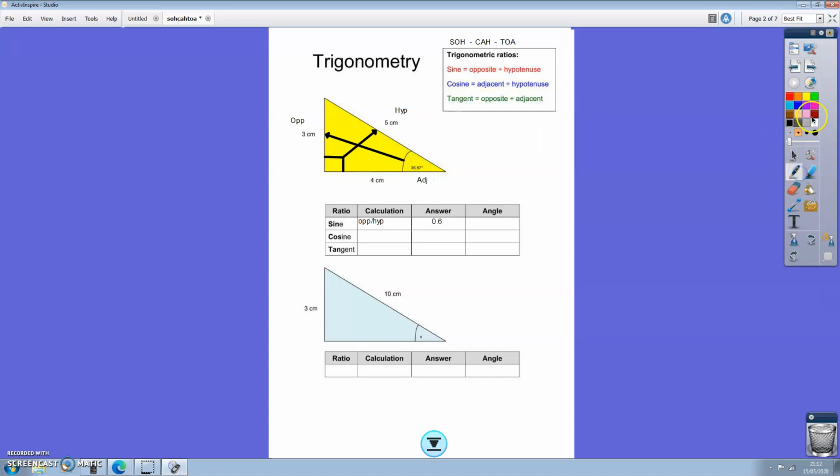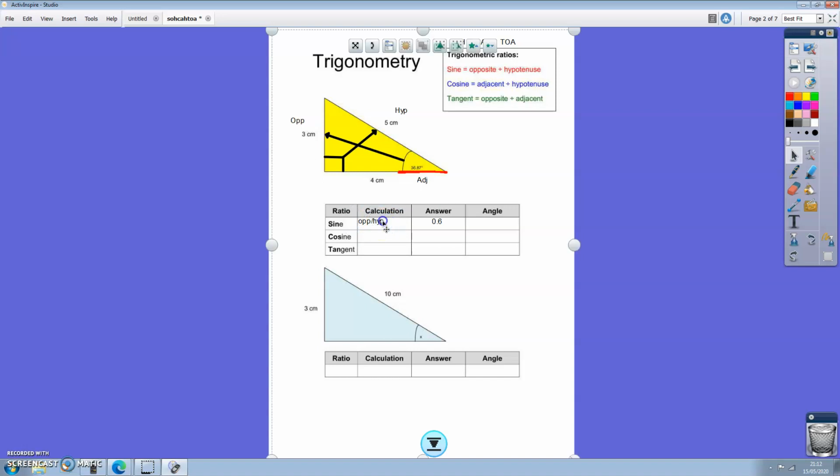They call it the adjacent because it's next to and touches the angle that they give you. So we've got the hypotenuse, the opposite, and the adjacent. Looking at these ratios at the top, if I wanted to use sine, I'm going to use opposite divided by hypotenuse.